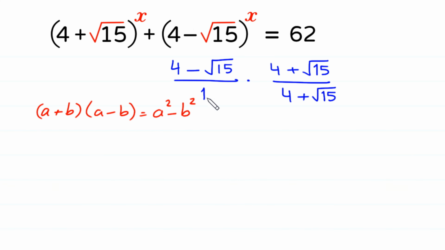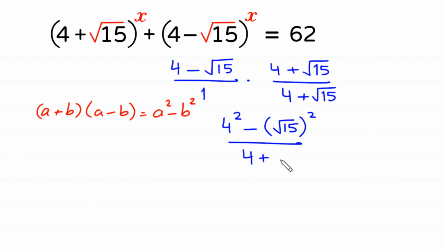According to this identity, 4 minus square root of 15 times 4 plus square root of 15 is equal to 4 square minus square root of 15 square, divided by 1 times 4 plus square root of 15.